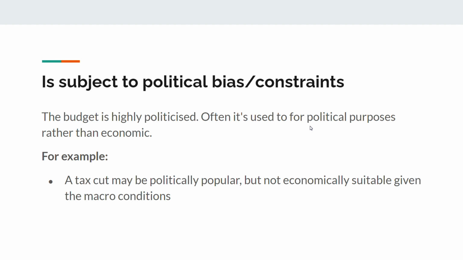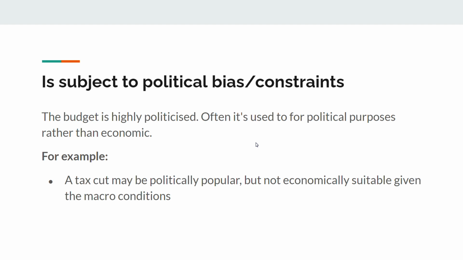So what happens is that a policy may be passed for political gain rather than economic gain. During an election, often there'll be more spending into the economy despite maybe some inflationary pressures, or maybe there'll be more tax cuts to certain demographics that might help this particular political party get back into power.